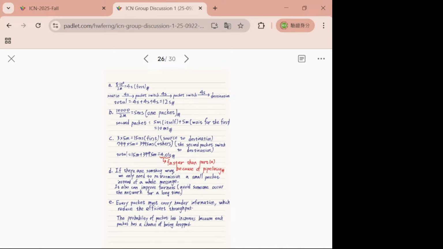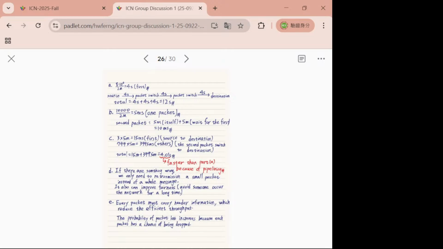So one packet will cost 10,000 bits, divided by 2 million bits per second. So we got the transmission delay of that line is 5 milliseconds, and for the second packet delay we just add another 5 milliseconds, so it's 10 milliseconds.